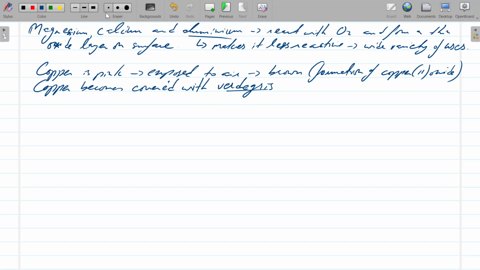And this is green in color, and it is formed of copper salts.